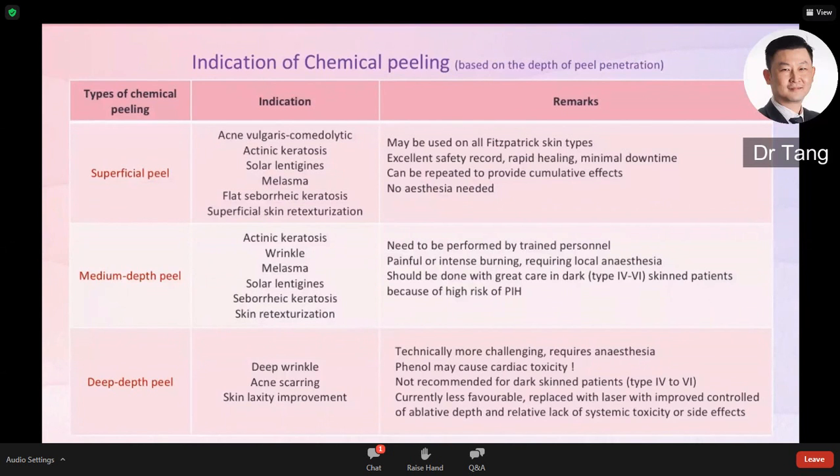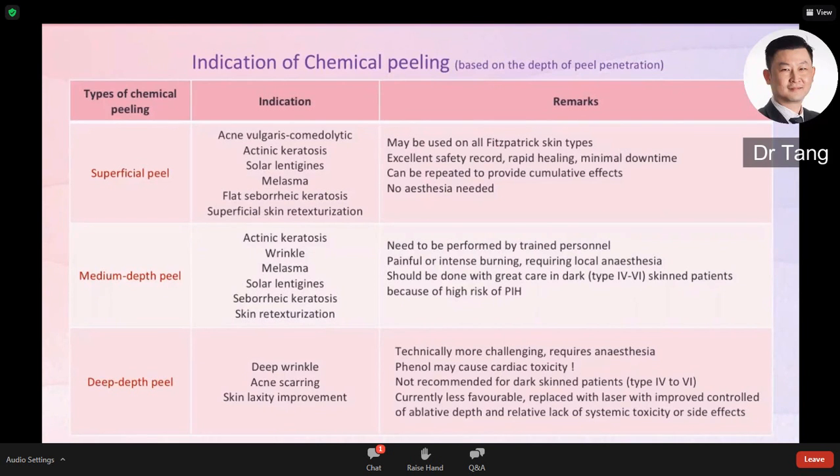On the other hand, medium depth peel can also be used to treat similar indications as in a superficial peel. However, it can be used for more severe cases. And medium peel can also be used to treat wrinkles. Nevertheless, medium depth peel requires special training, and hence it can only be performed by trained personnel.